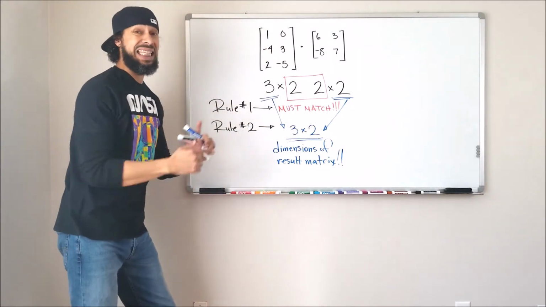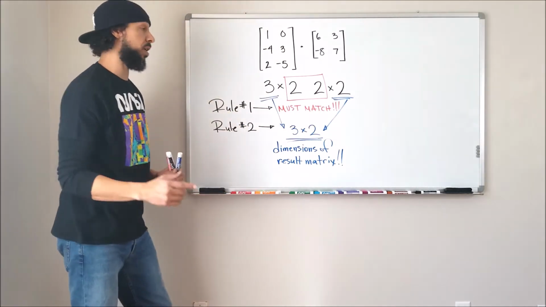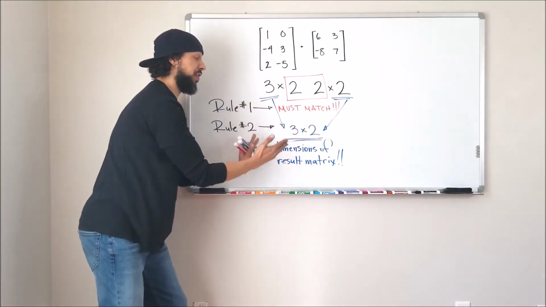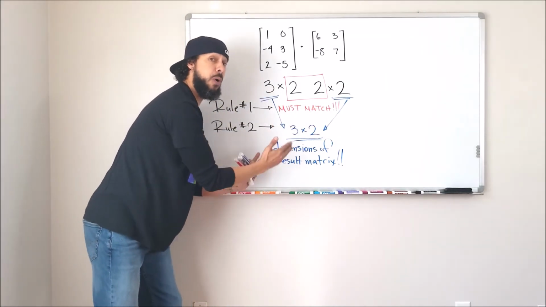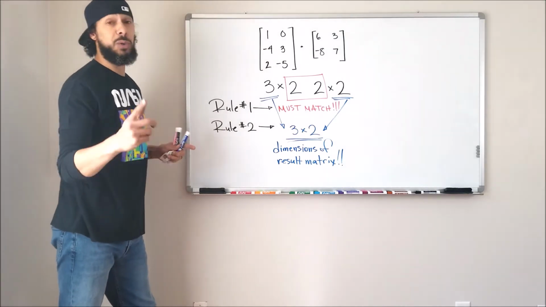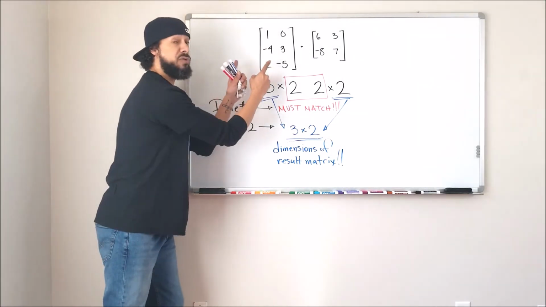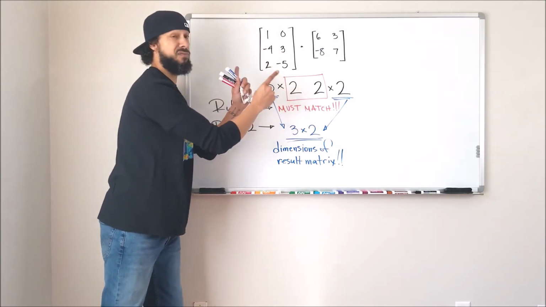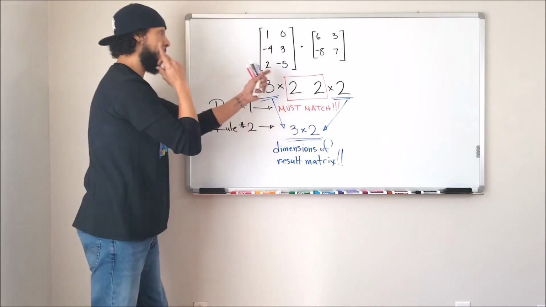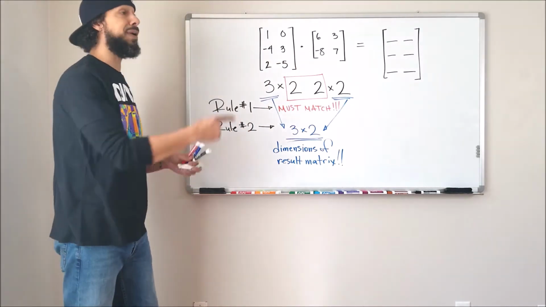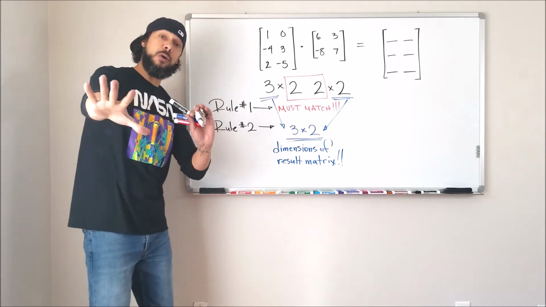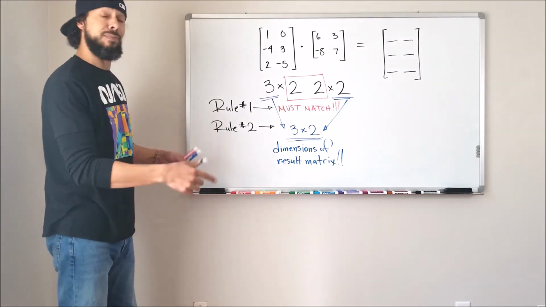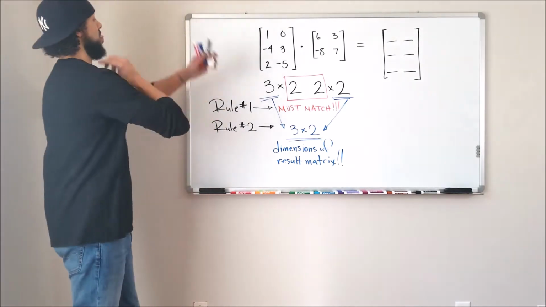And once we decide that they can be multiplied, then the numbers on the outside are the dimensions of your new matrix. So when I multiply this 3 by 2 times this 2 by 2, my answer matrix is going to be a 3 by 2 matrix.